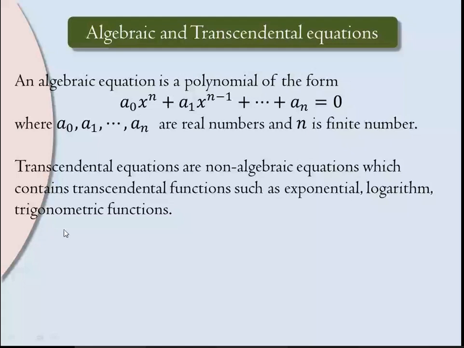If the equation contains any such function, then it is called a transcendental equation. So any polynomial of finite degree is an algebraic equation, and if other than powers of x we have exponential, logarithmic or trigonometric terms, then it becomes a transcendental equation.